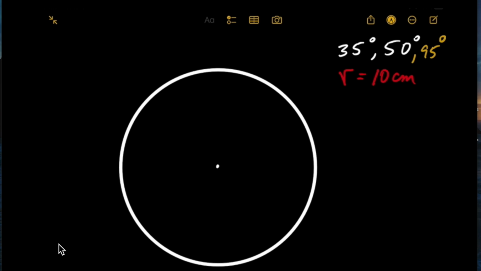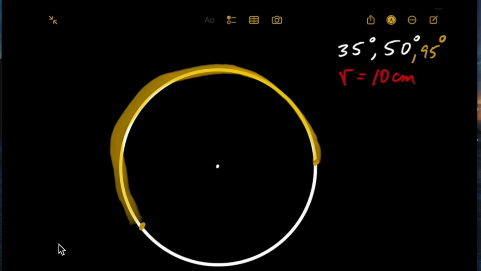Okay, so the first thing we're going to do is create the 95 degree angle, and we're going to use the arc to do that. So this arc, if you multiply 95 degrees by 2, that arc is 190 degrees. Exaggerate it a little bit because it'll make it easier to do the drawing.